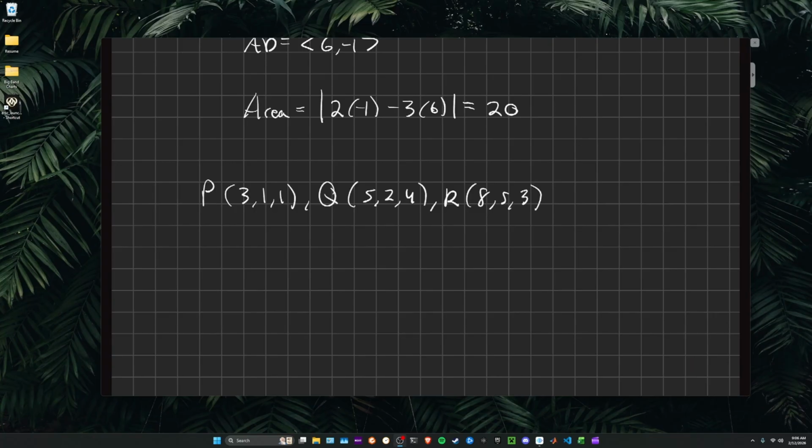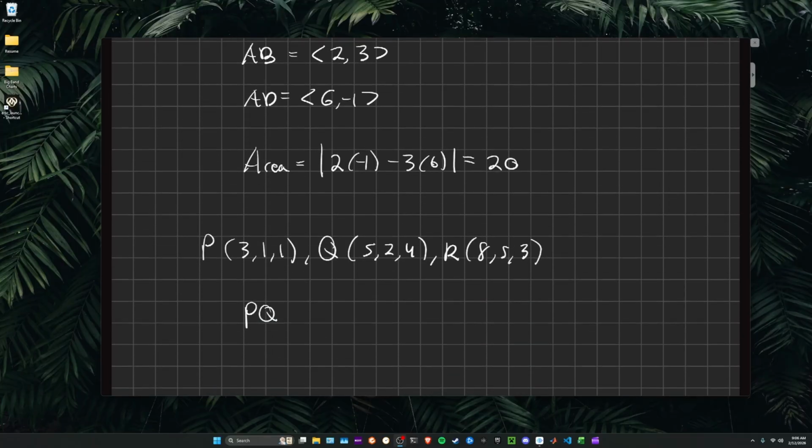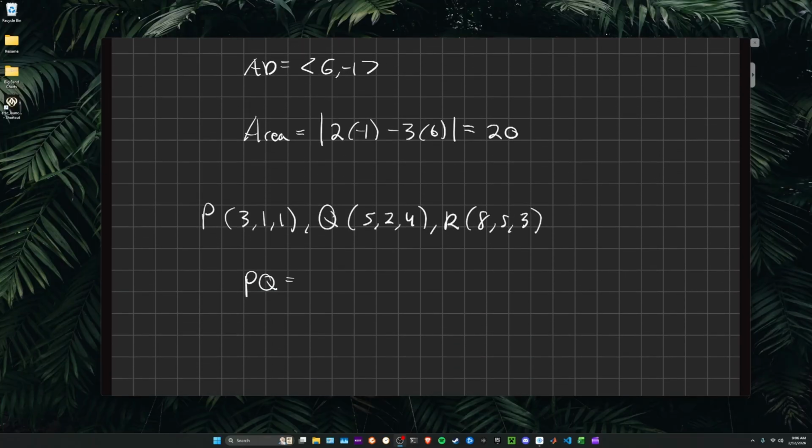So we want an orthogonal vector to the plane through those points, and then we also want the area of the triangle PQR that's formed by those points. Okay, so similar to part A, we first want PQ. So this would be the displacement, 2, 1, 3. And then we also want PR, which would be the vector 5, 4, 2.